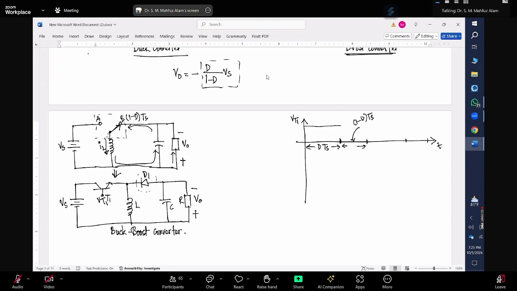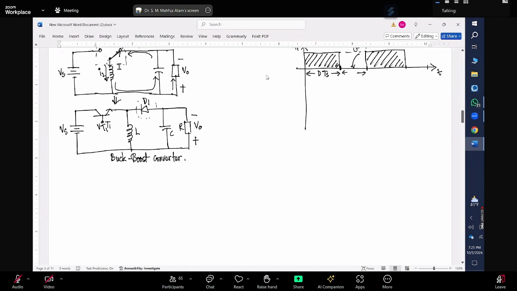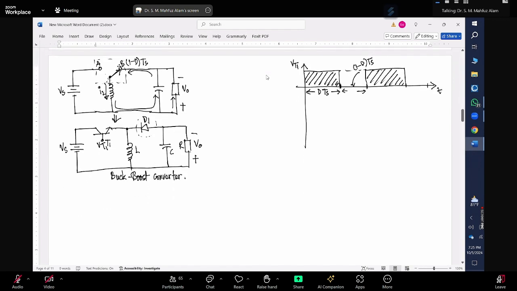So we'll be putting a voltage between the base and emitter during this time. And in a similar way, we will put another voltage during this time. Actually, whenever we are putting pulses, the transistor T1 will turn on, and when there are no pulses, the transistor will be turned off. So here, as you can see, there will be two modes of operation.